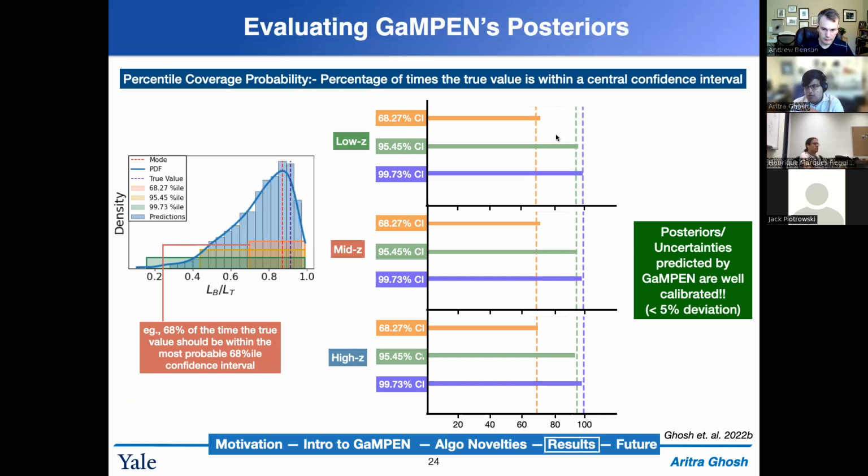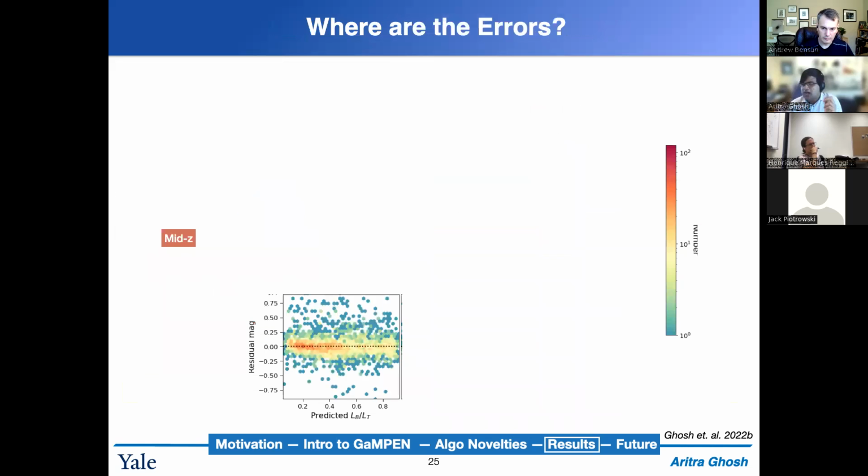Next, hopefully now you have an understanding of what the typical error is and what the uncertainties that we predict look like. But now the question is, where are these errors? Are we more wrong in certain parts of the parameter space compared to others? Are we more right in certain parts? What I will show here is a bunch of plots, and I'm just showing you one.